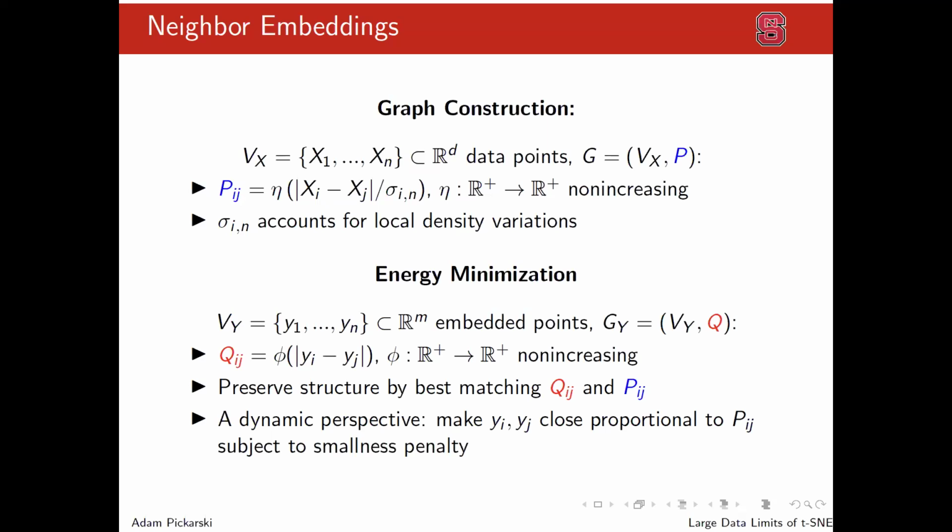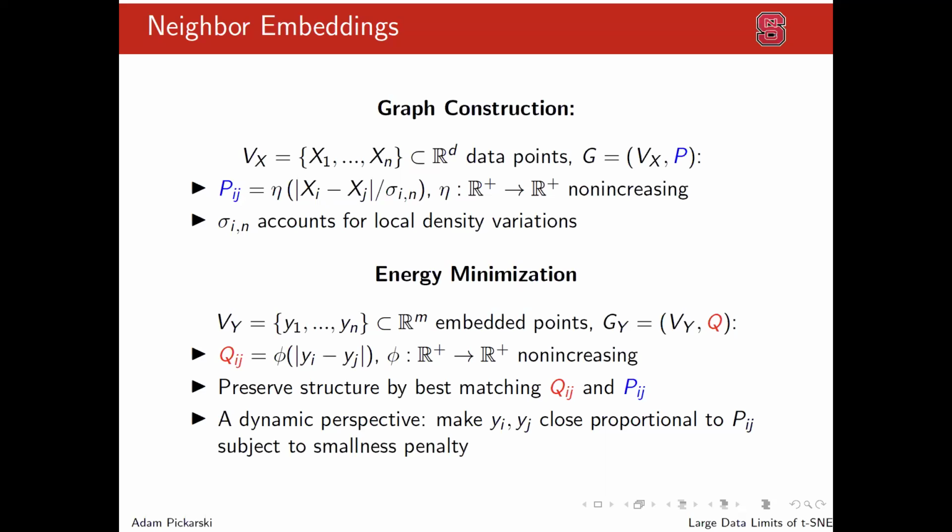The second phase of these types of algorithms is an energy minimization. They construct some energy. A lot of times this energy is based on the philosophy that there's some underlying lower dimensional graph. They do a graph construction there too. What they want to do is match the edges of the high dimensional graph with the edges of the low dimensional graph.